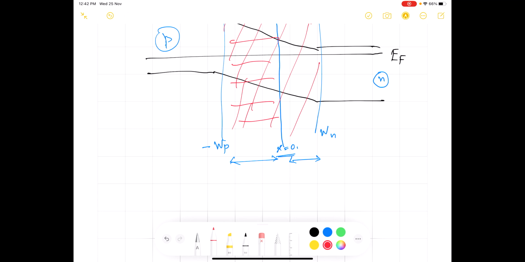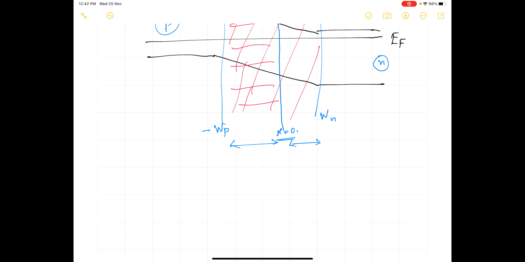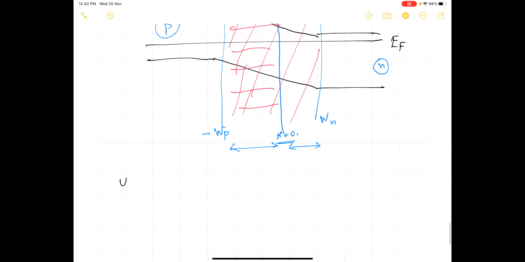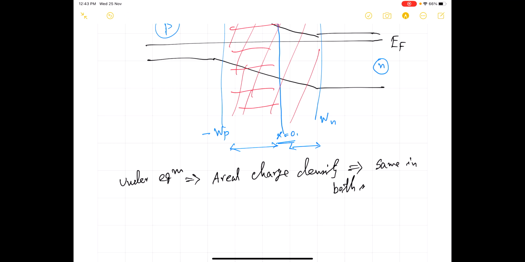So in order to achieve the equilibrium condition, under equilibrium, the areal charge density has to be the same in both sides of the PN junction.